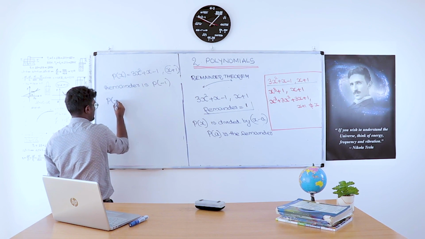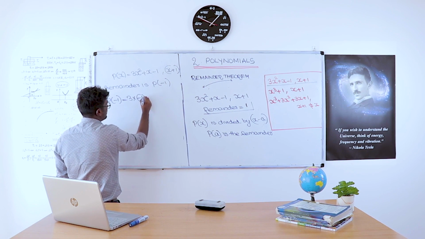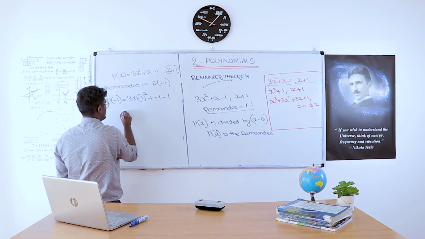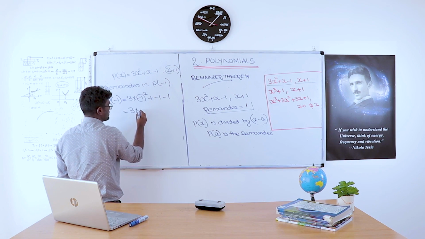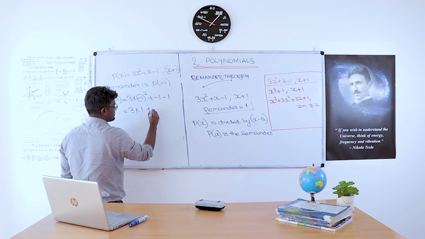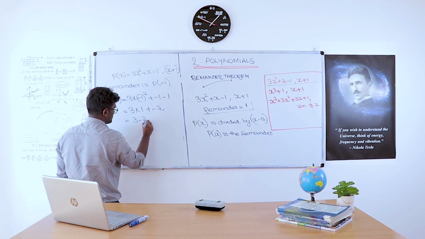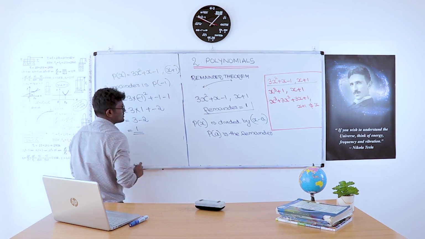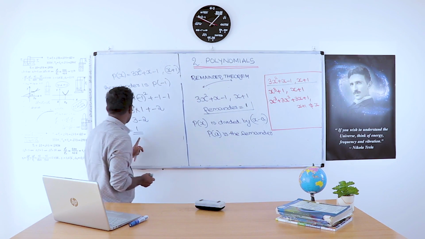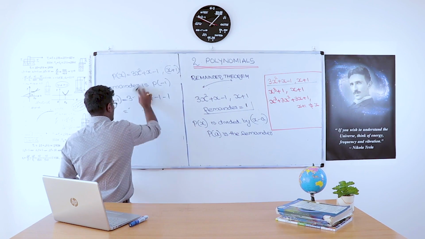P of minus 1 equals 3 into minus 1 the whole square plus minus 1 minus 1. 3 into minus 1 the whole square equals 1, plus minus 1 is minus 2. 3 into 1 equals 3, plus minus 2. 3 minus 2 equals 1. So by the long division method we got the answer 1, and also by using this principle the answer is 1. So we can use the principle as a shortcut method.